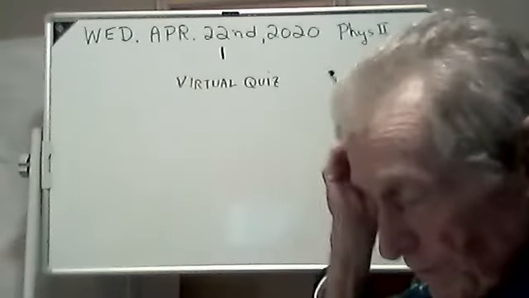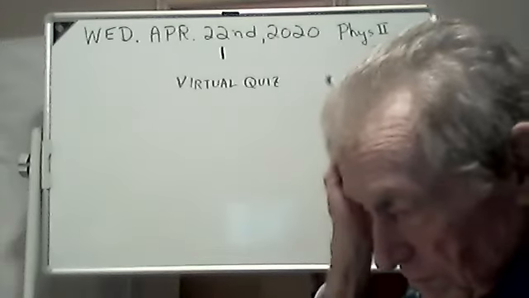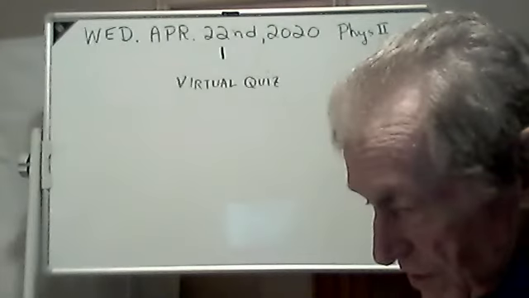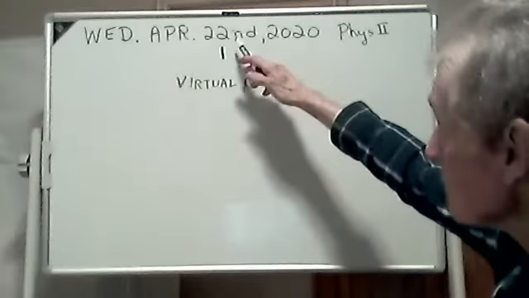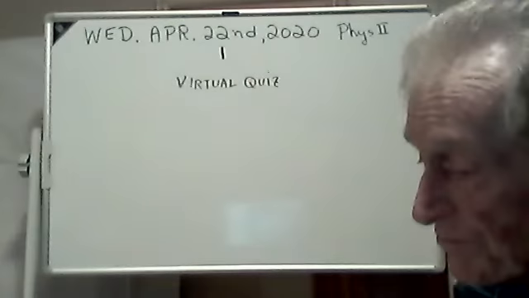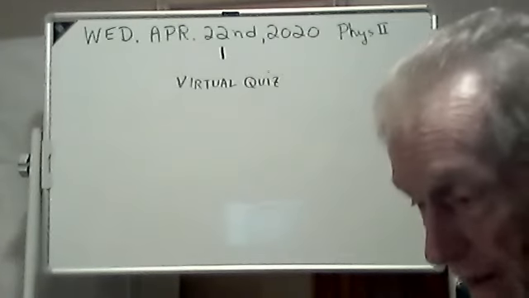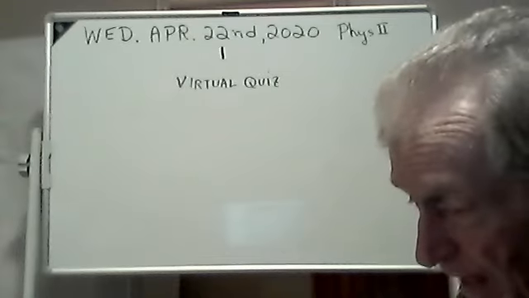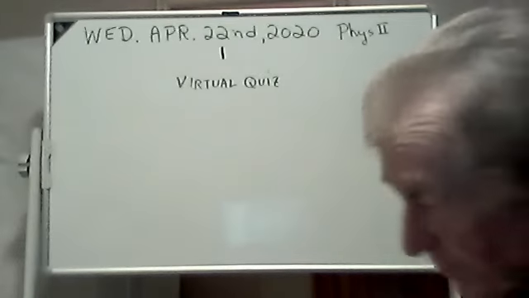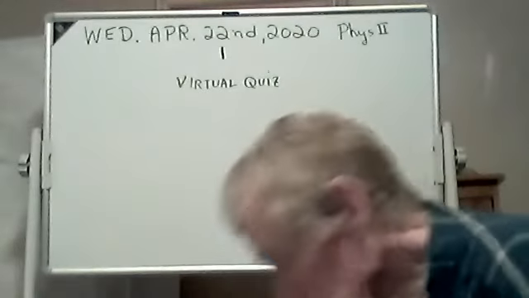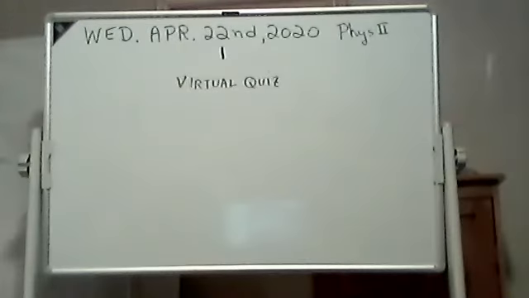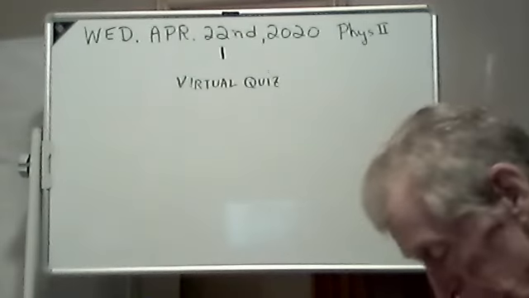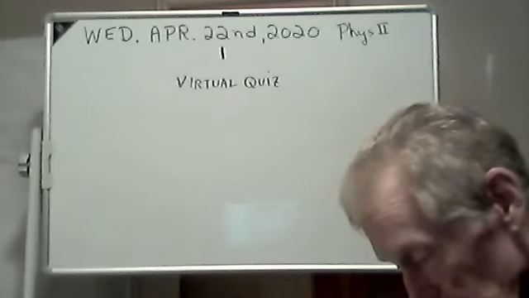We've got to get ready for our final. See, today is the 22nd. It's Wednesday. We have one more week after this of these wonderful lectures, and then I was thinking that Sunday night I will post your final. That would be the May 3rd.